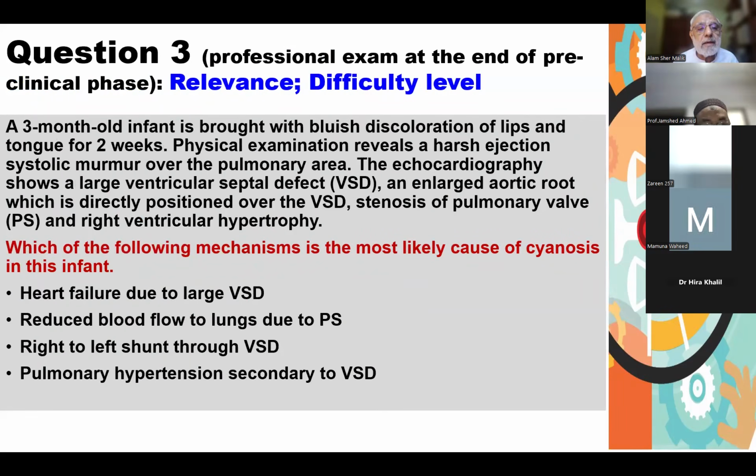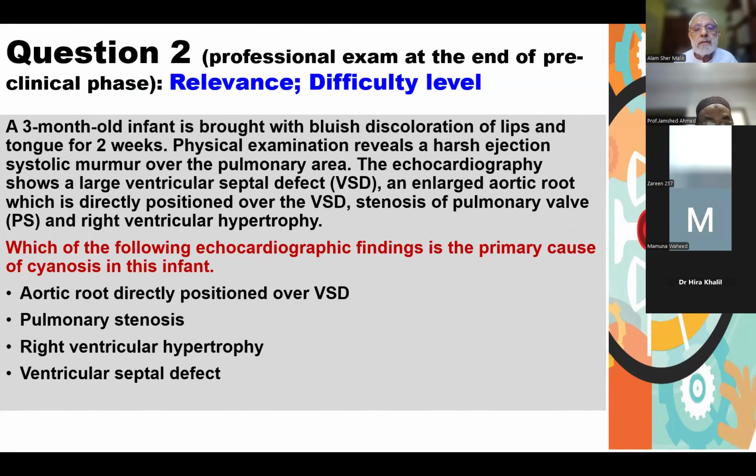Okay, let's look at another question. This is for a professional examination at the end of the preclinical phase. A 3-month-old infant is brought with bluish discoloration of lips and tongue for 2 weeks. Physical examination reveals a harsh ejection systolic murmur over the pulmonary area.